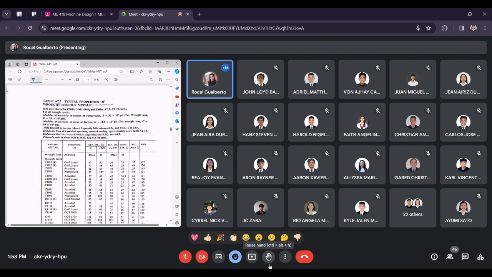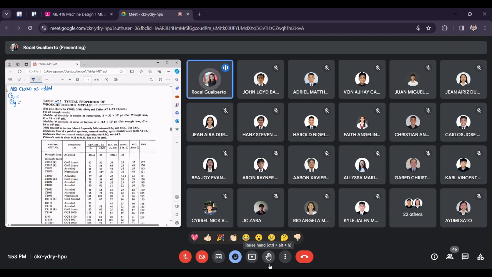Our sample earlier is AISI C1020 ASRO, that is our code. What we will look for now is sigma u and sigma y, the ultimate strength and the yield strength of this material. So, we will look for it here in Table 87.